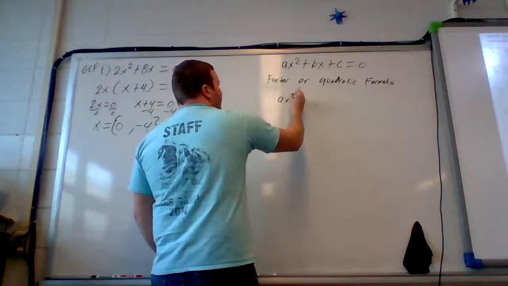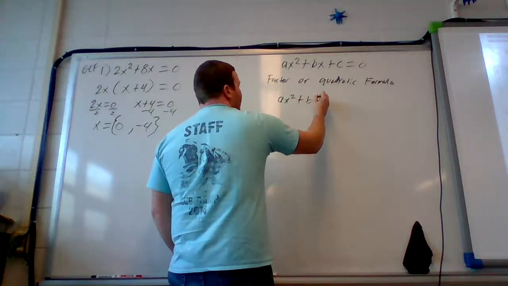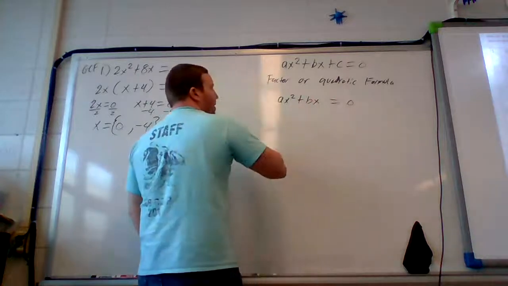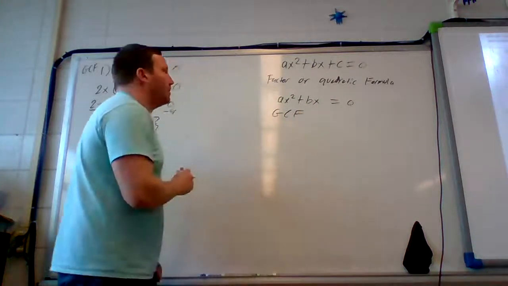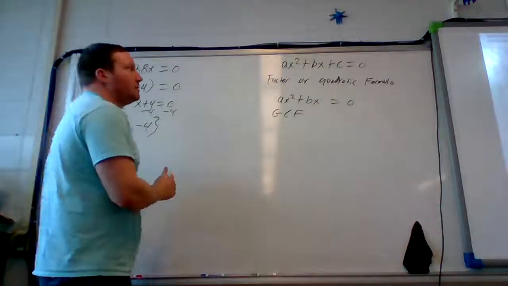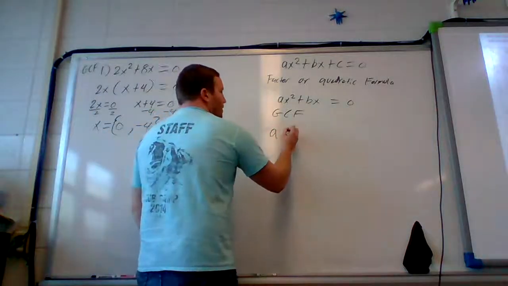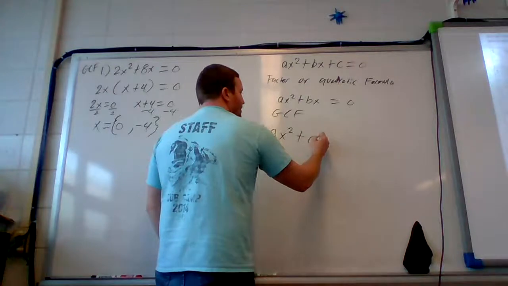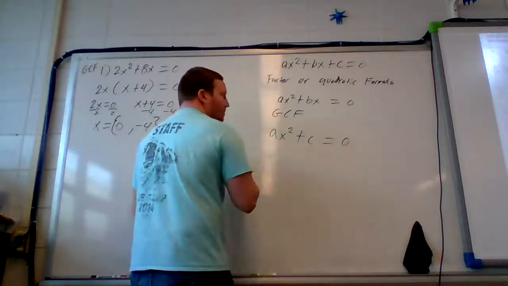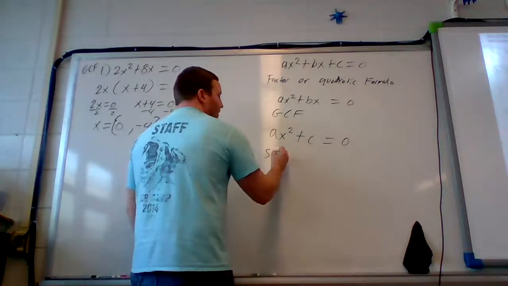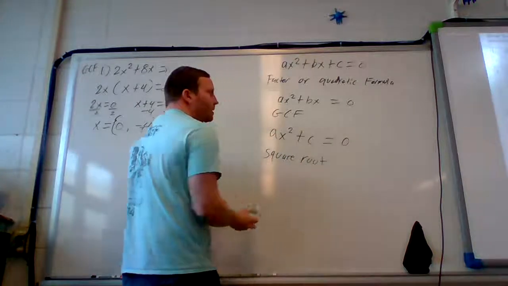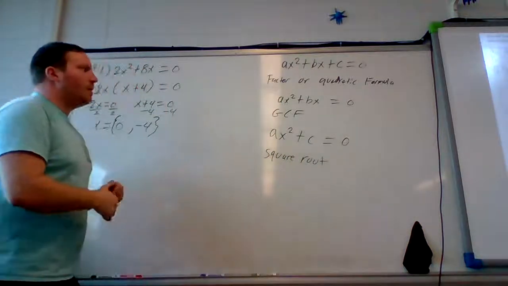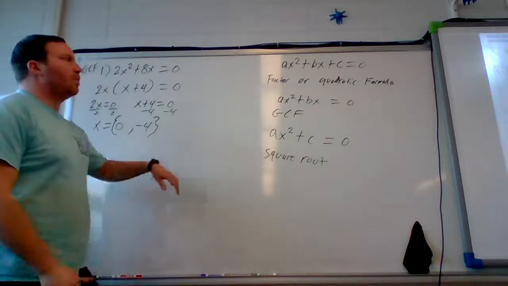If we have ax squared plus bx equals 0, it's a sign you want to use GCF. That's what we just did. If we have something that's x squared plus c equals 0, that one we can solve by taking the square root. Okay? So there's kind of your 3 or 4 methods, right?